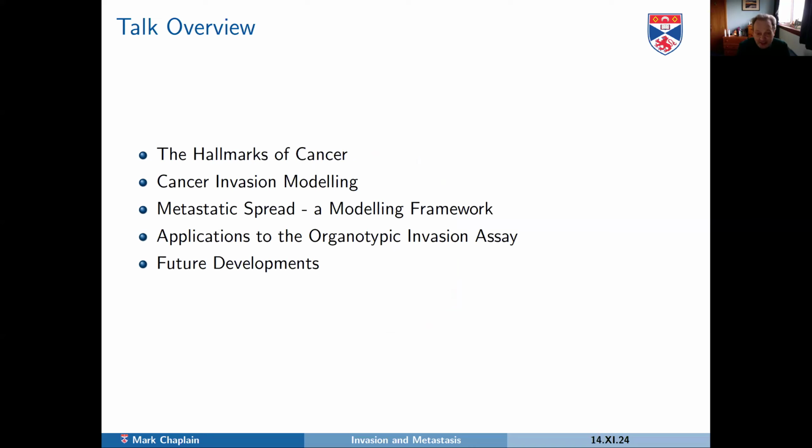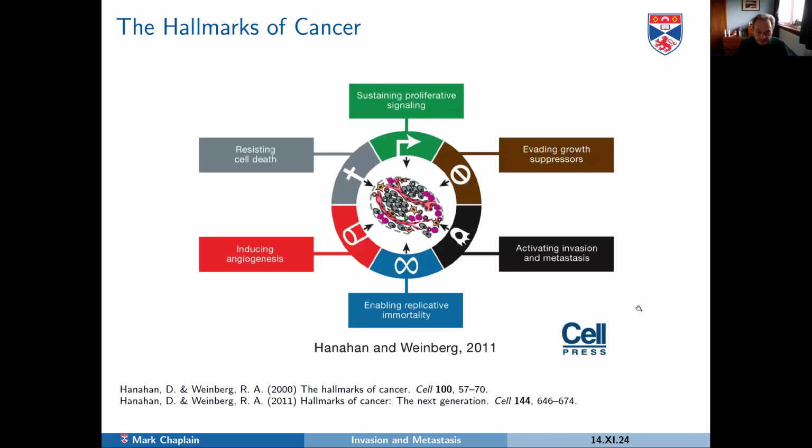And cancer invasion is intimately connected to metastatic spread, and the two are linked through angiogenesis, so that's a nice connection there. And then we'll have some other applications. There's an in vitro assay called an organotypic invasion assay, and we've done some modeling with data from some work done by experimentalists to try and benchmark our invasion model, and then we'll talk about where we'd like to go with future work.